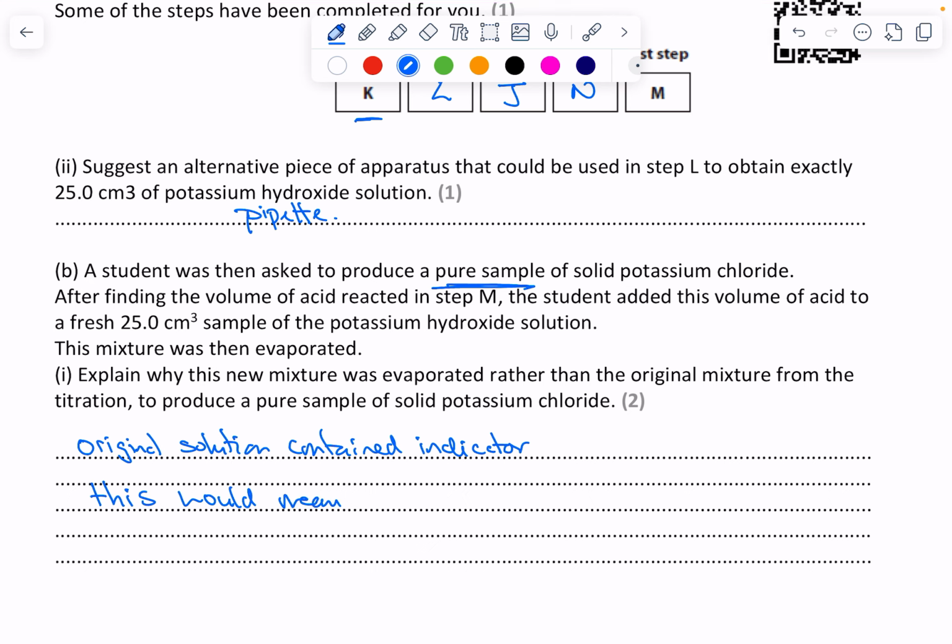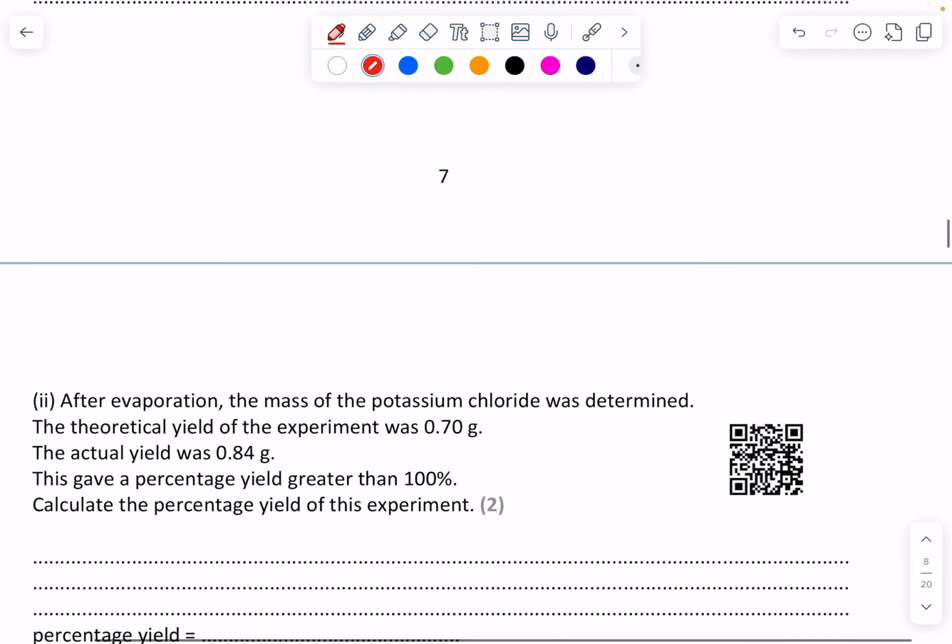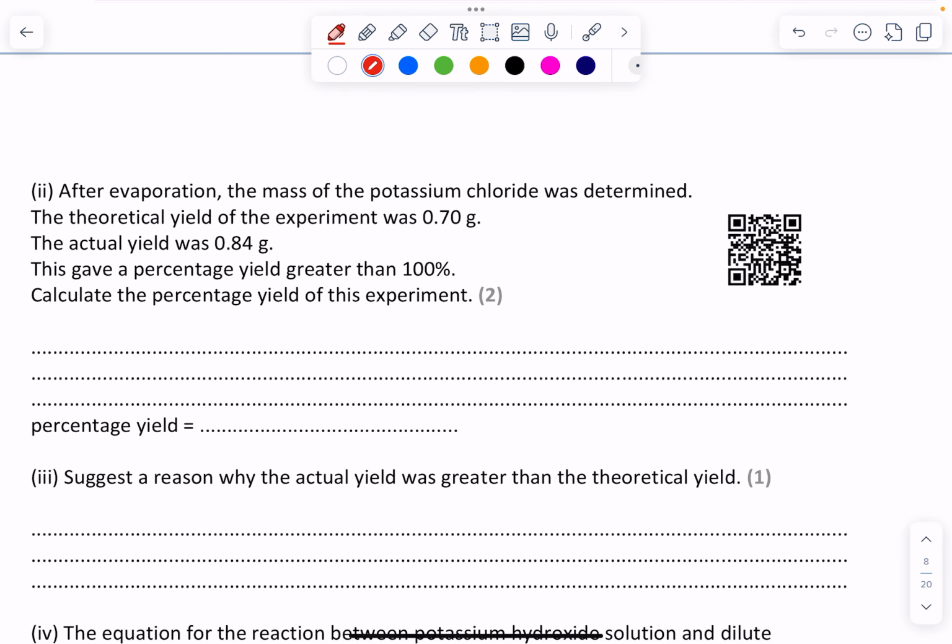So this would mean the salt was contaminated by the indicator. If you did, you could argue that the second one doesn't contain an indicator and therefore the salt is pure. So either way, 1 mark for each statement we have made there.